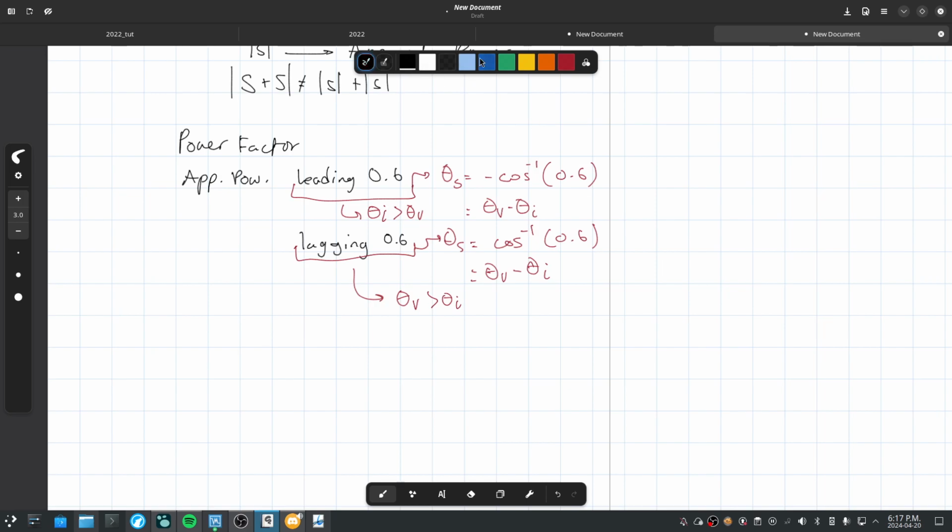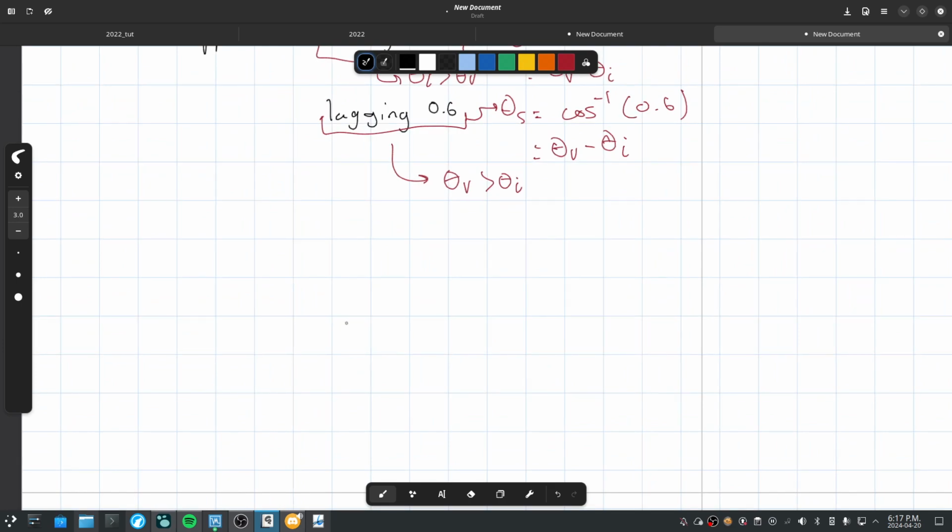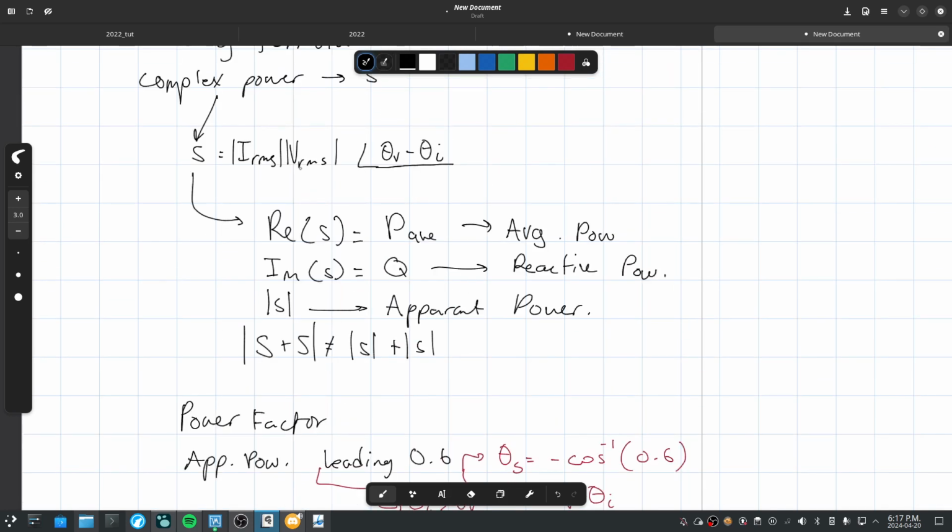The power triangle is literally just phasor form. If I draw it out, the imaginary component is up here, the real component is here. Oops, I just realized I made a mistake here. The magnitude of the imaginary component is the reactive power.